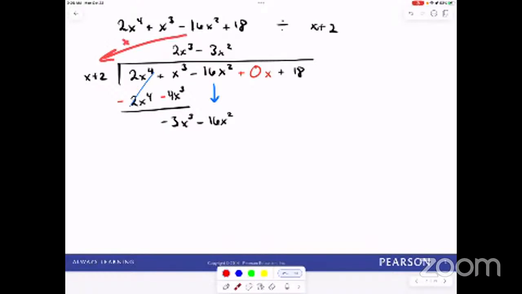So -3x squared times x gives us -3x cubed. -3x squared times 2 is going to be -6x squared. And then again, we need to distribute our negative. So basically, we'll be flipping our signs. So if we distribute a negative, those both become positive.